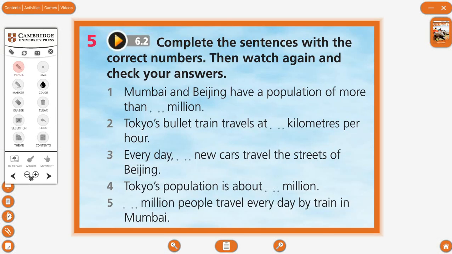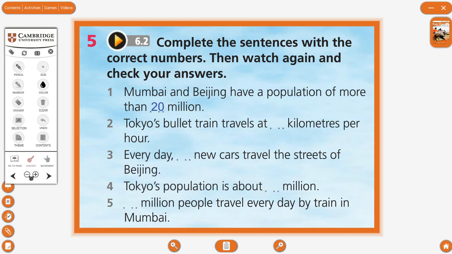In this exercise, you will complete the sentences with the correct numbers, then watch again and check your answer. Firstly, you will watch the video again. You will complete the blanks with the correct numbers about the information in the video, then check your answer. For example, number 1: Mumbai and Beijing have a population of more than how many million? 20 million.